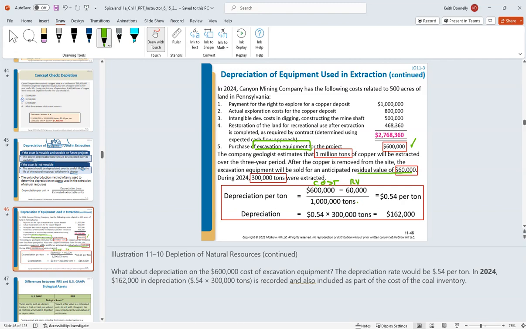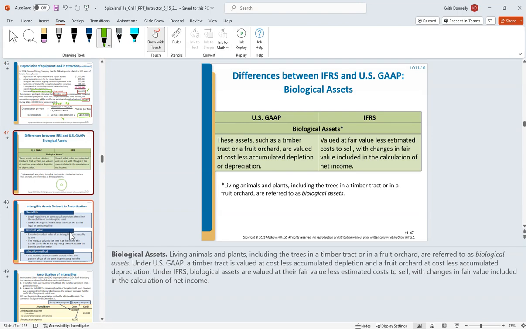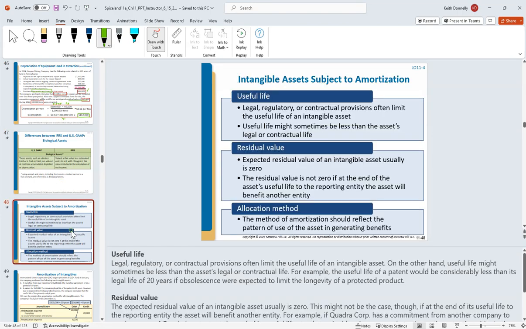We think we're going to get 1,000,000 tons from this mine, so it's 54 cents a ton. In year one, we ripped out 300,000 tons. There's our depreciation on that excavation equipment. Again, don't worry about IFRS.